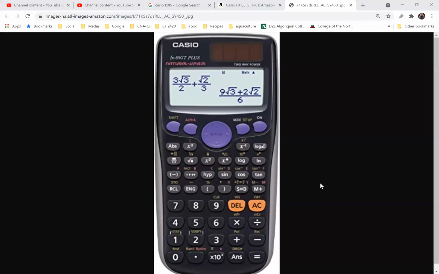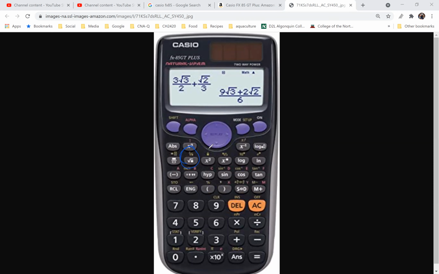Anyways, it has a square root button, and this isn't the best picture, but the square root is right here. And if you look above it, there's yellow writing. This is not the best picture, so you kind of have to squint or whatever. But if you look above this button, there's a cube root button, which will take the cube root of numbers.